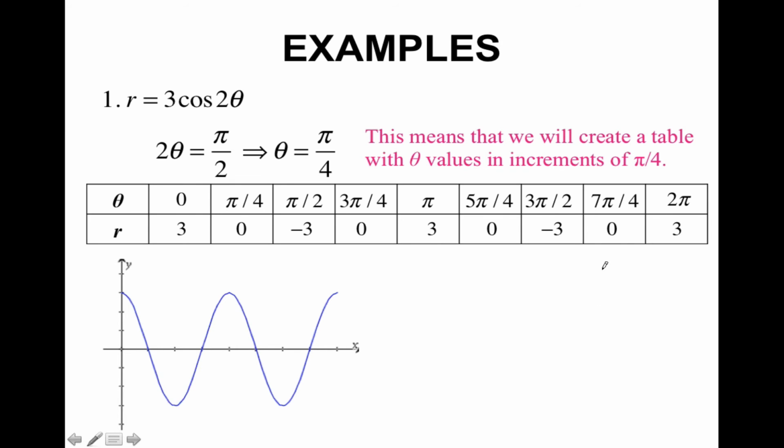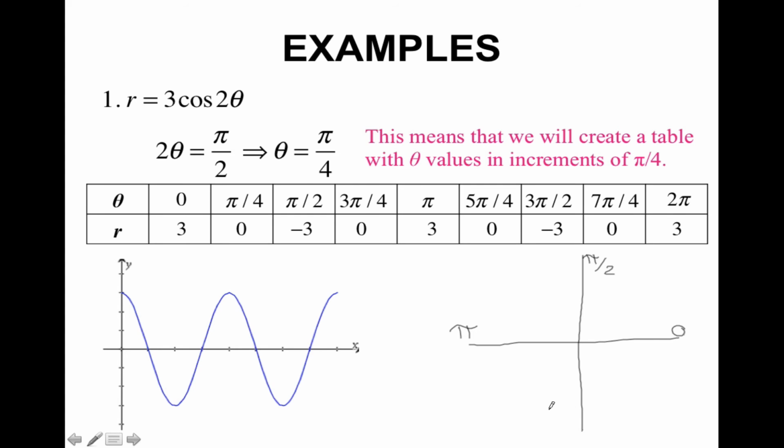All right, so I'm going to start off by making my polar grid. And since I'm thinking in terms of angles, this is 0. This here is pi over 2. This one's pi.